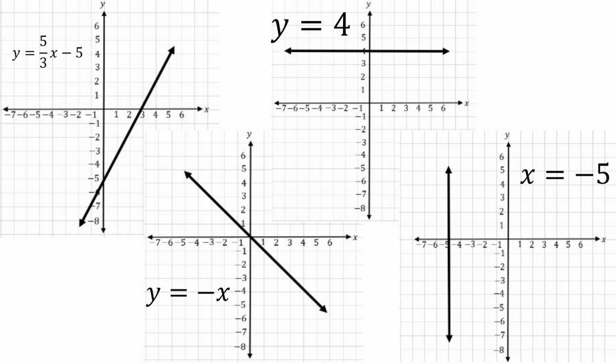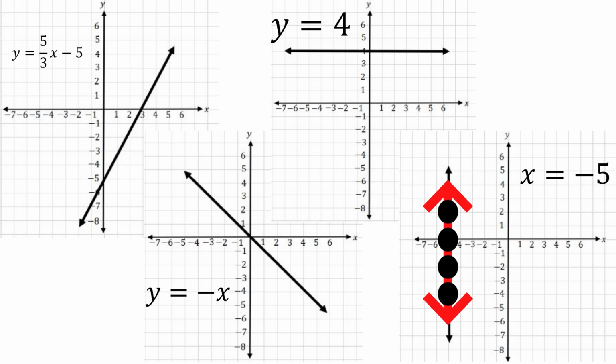Using the vertical line test, which among these graphs is not the graph of a function? It is the one with an undefined slope, because the vertical line passes through the graph more than once.